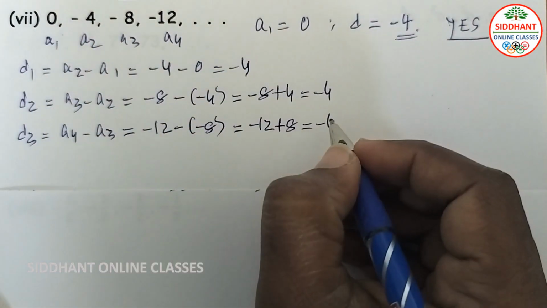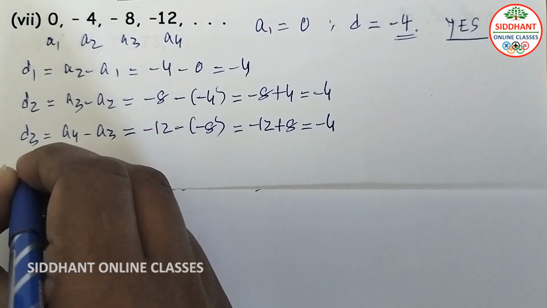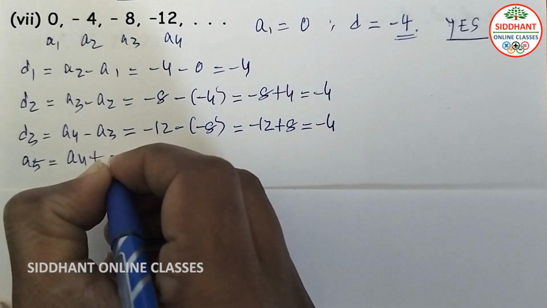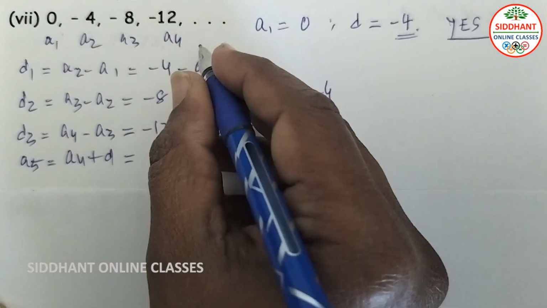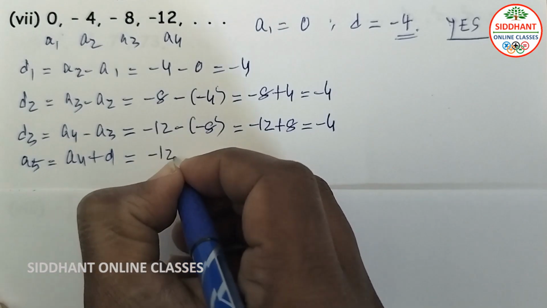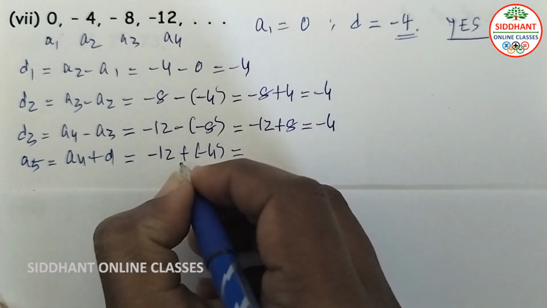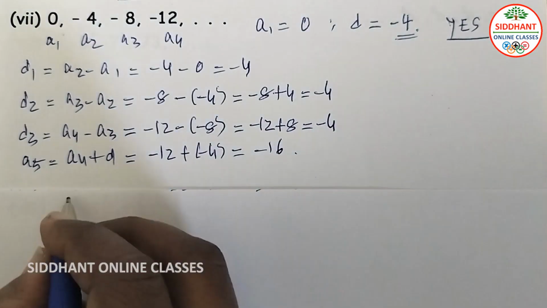Next we are going to find out the other three terms, which is a5. When you are going to see, a5 is a4 plus d, that equals a4 is how much? Minus 12 plus minus 4, that equals minus 16 here.